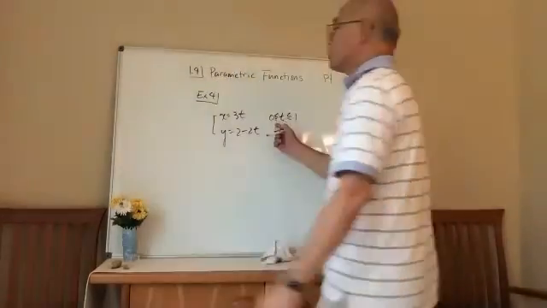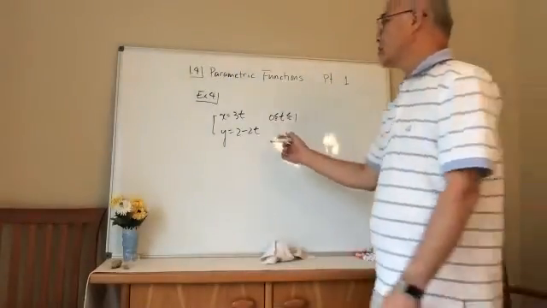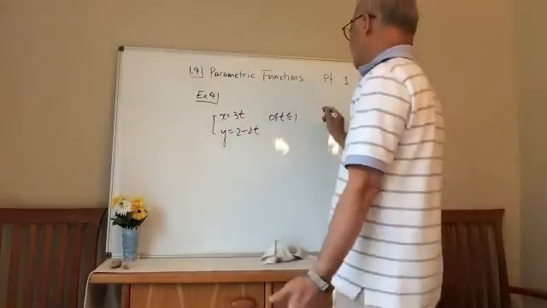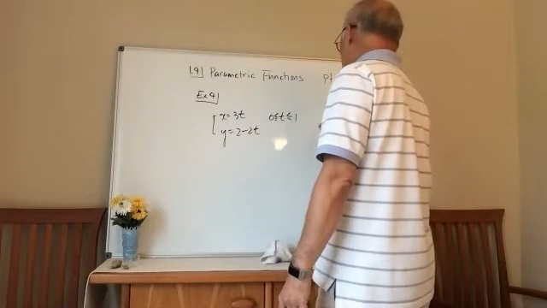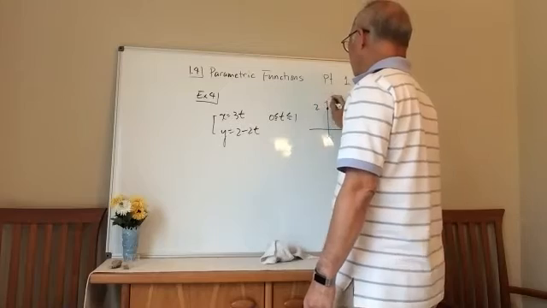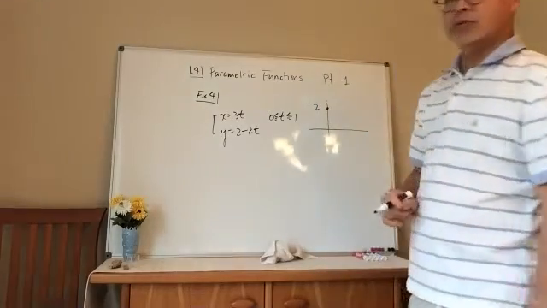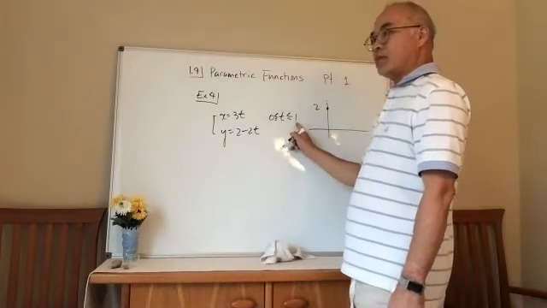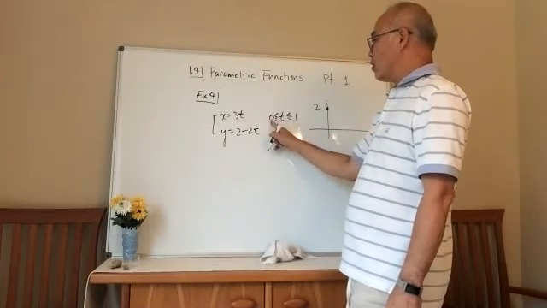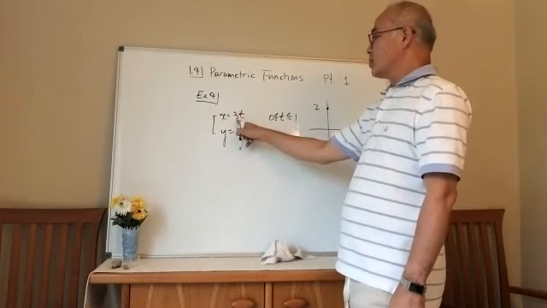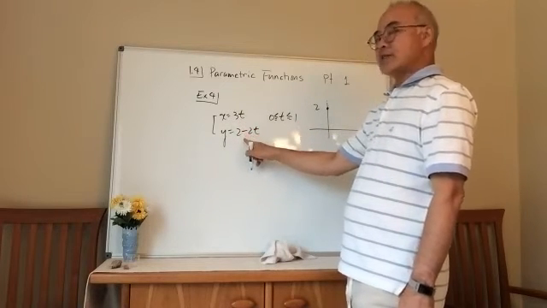So when t is equal to 0, what's happening here? When t is equal to 0, x is equal to 0, y is equal to 2. So that is the point 0 and 2. When t is equal to 1, which is the end point, x is equal to 3, y is equal to 0.